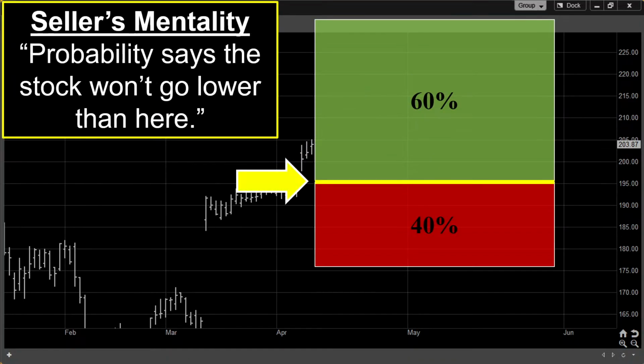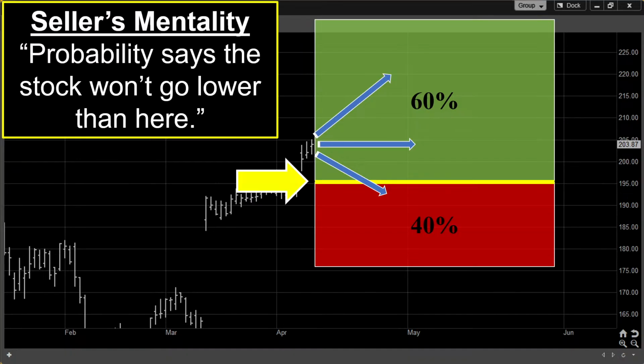So instead of hoping a stock goes up as a seller, you're going to strategically set up your trade using probability. Probability will tell you where the stock is not likely to go. So instead of needing the stock to go in your direction, you can pick a price which basically says, as long as the stock doesn't go down to here, I can make money. Think about that. You pick a price.